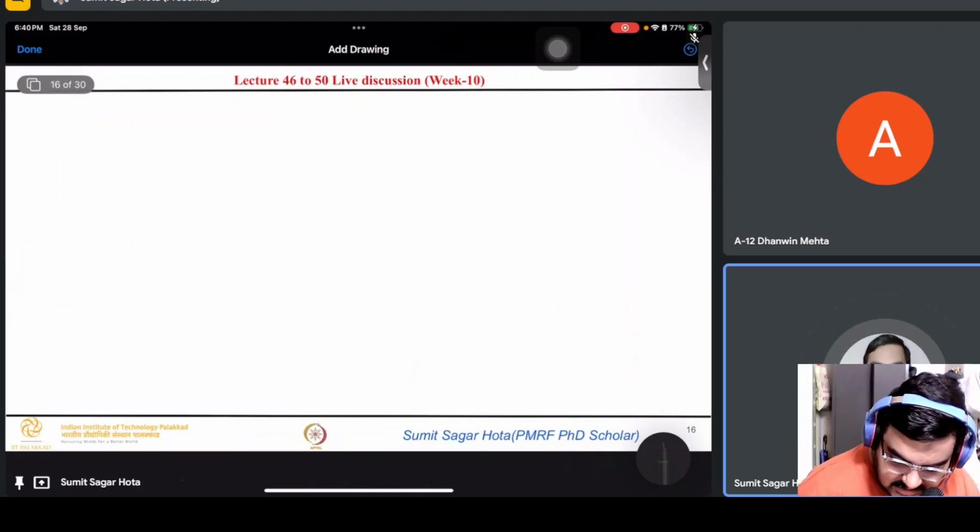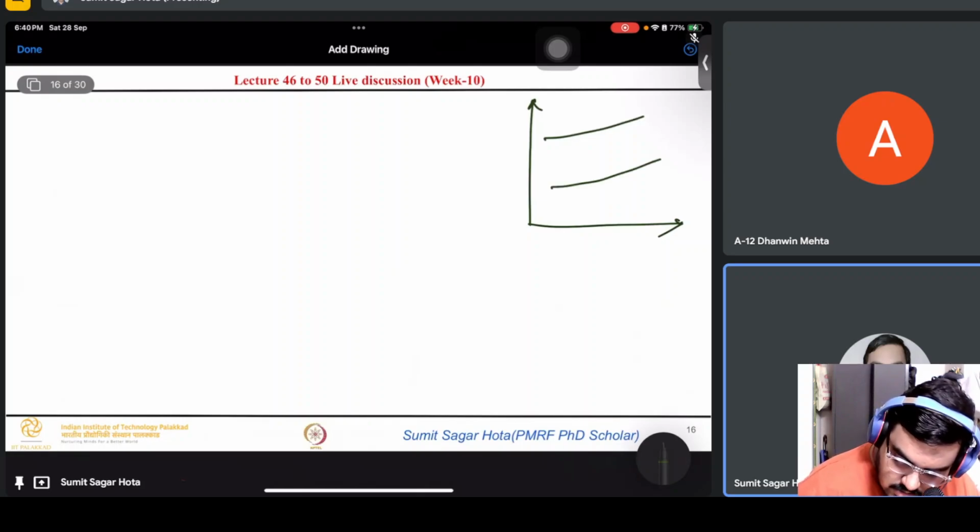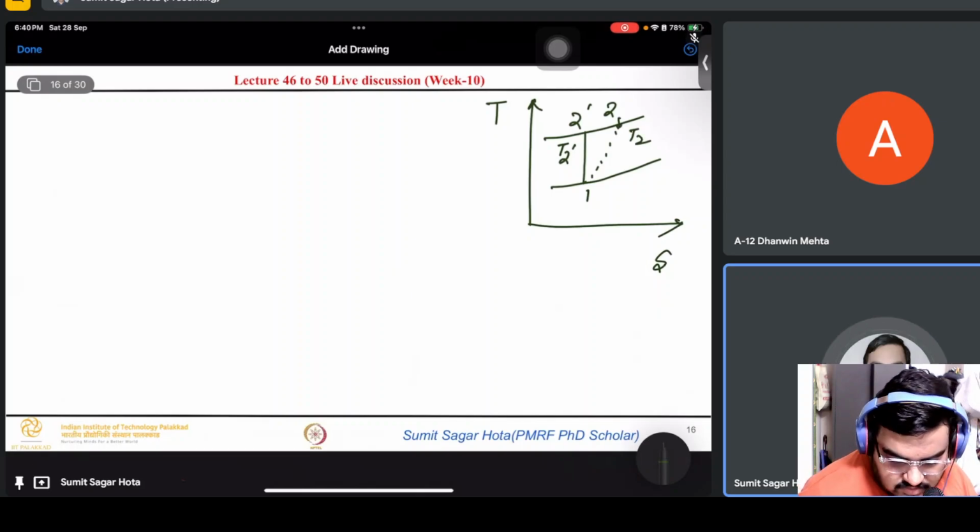Now let's draw the TS diagram for the compressor. Here 1 to 2s is the isentropic process, and 1 to 2 is the actual process.